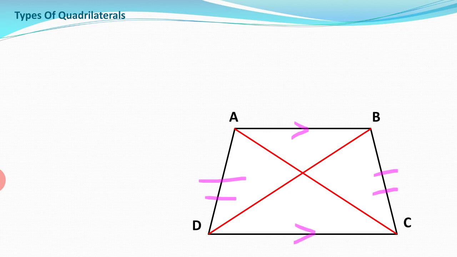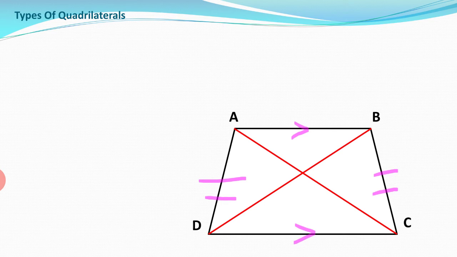I'll be very happy if they are able to use the concept of congruency to prove this result. So in isosceles trapezium the non-parallel sides are equal, and hence the diagonals are also equal.